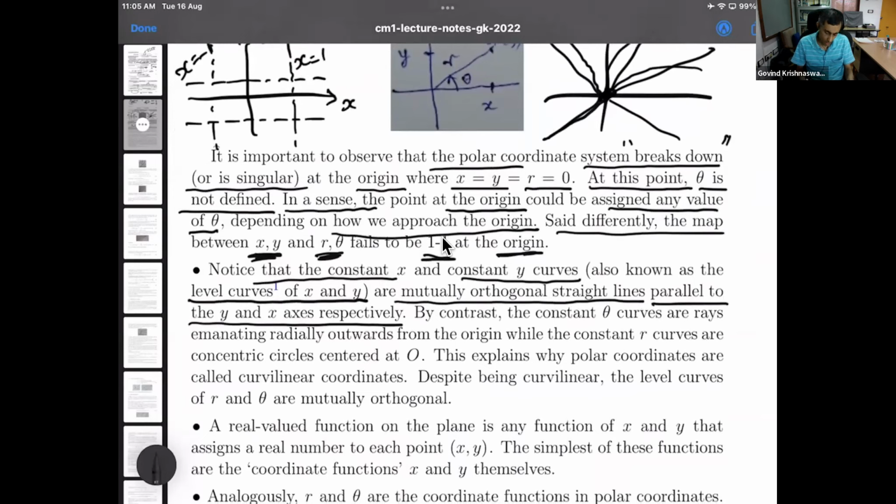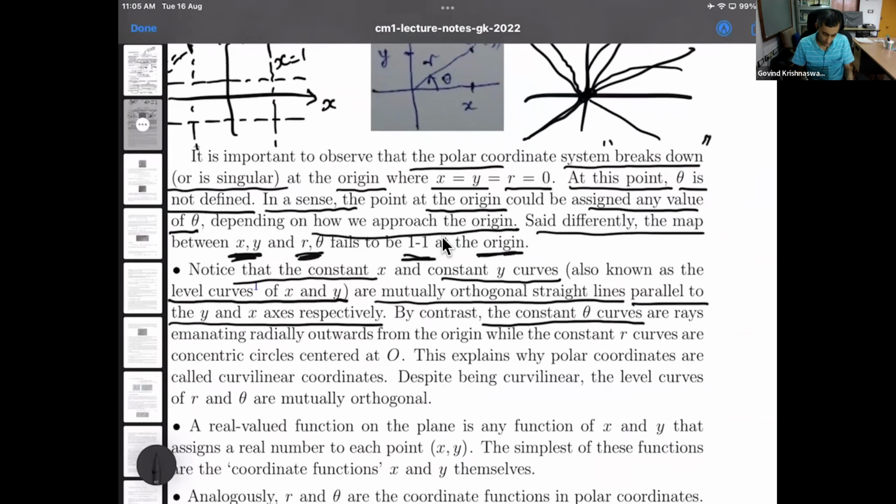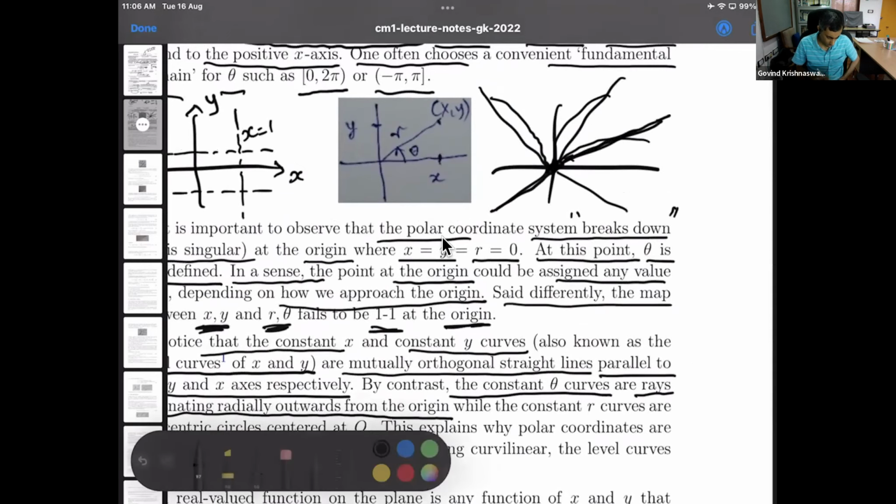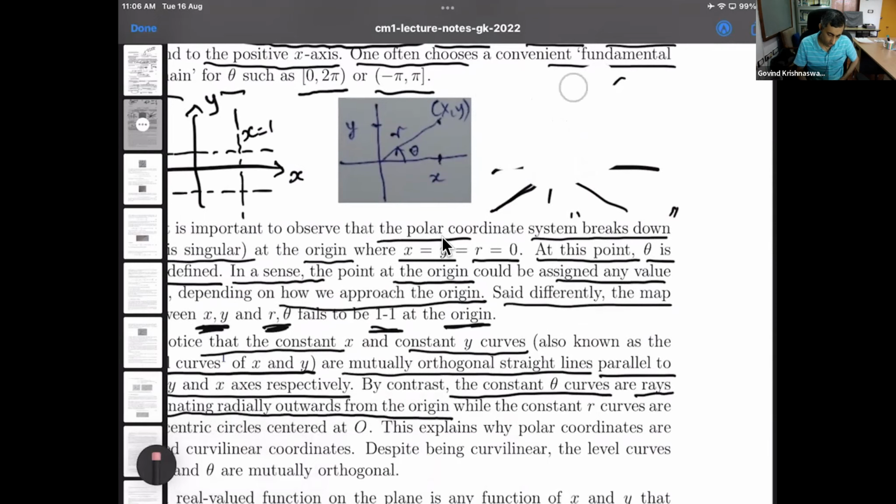We can ask, what are the constant theta curves? Theta equal to constant curves are rays emanating radially outwards from the origin. We can take them to be outward, that's just a convenience. Let me clean up this figure.